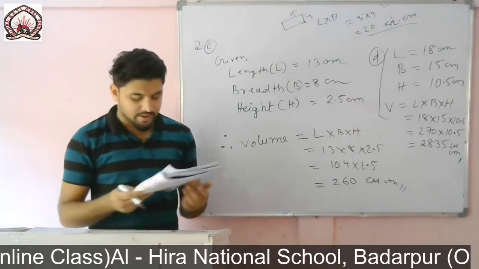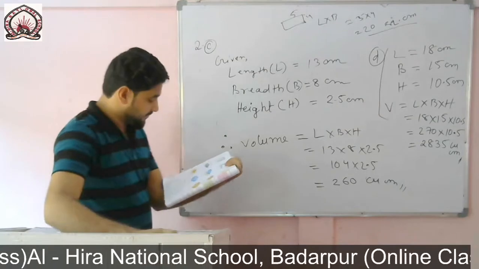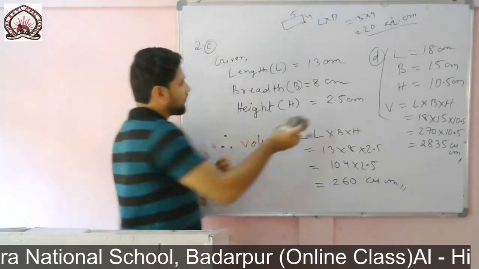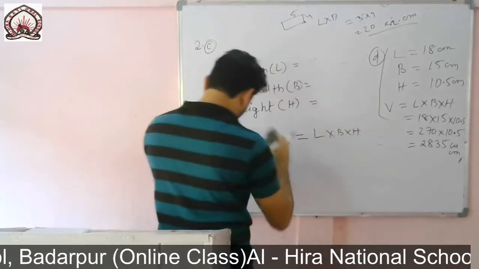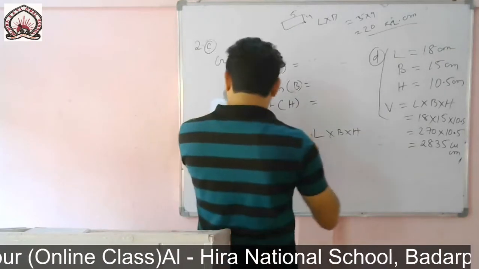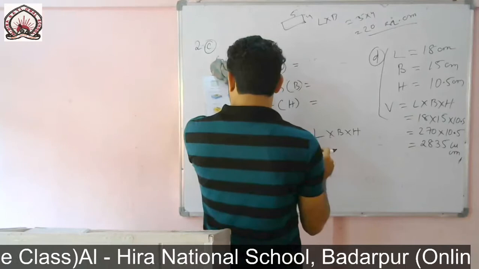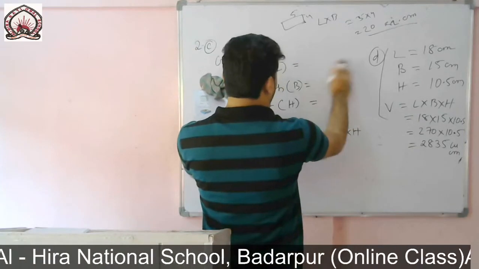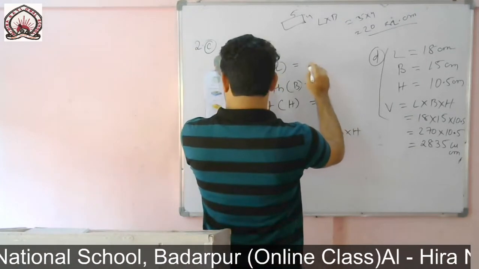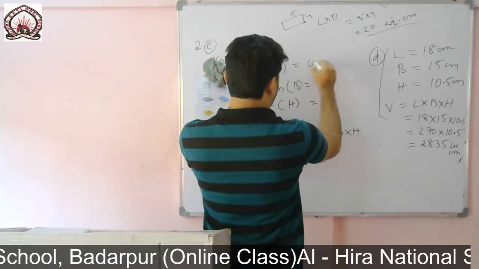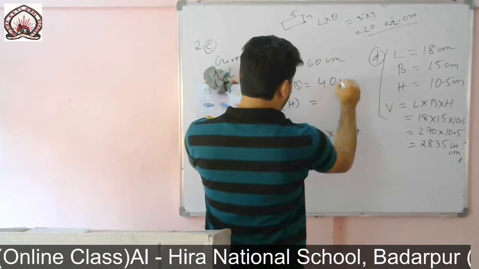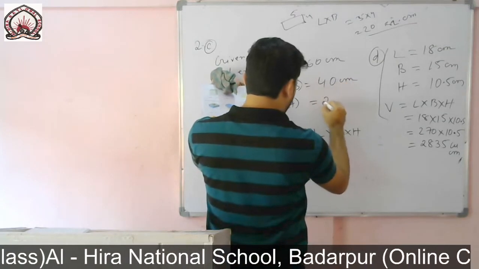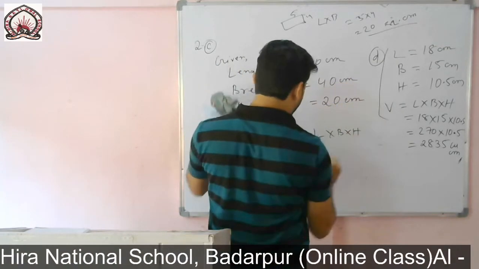Now come to question number E. It's a suitcase, I think. So you see 60 centimeter length, breadth 40 centimeter and height 20 centimeter.